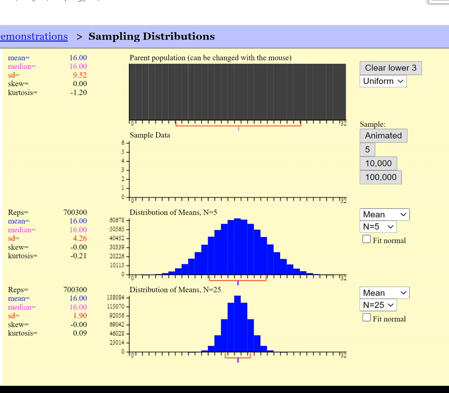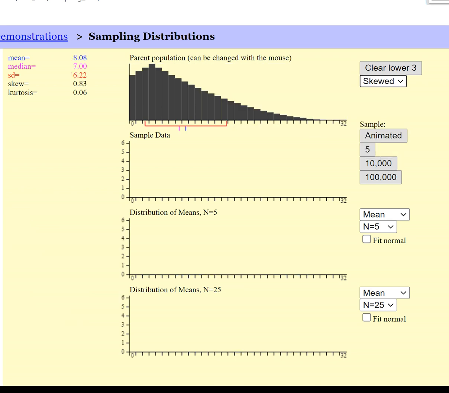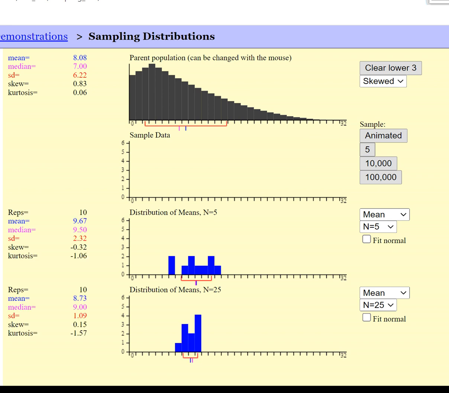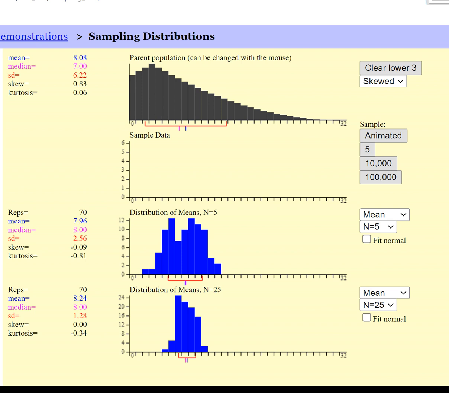But that's because our parent population is nice and symmetric and uniform, so we're getting something that looks normally distributed for n equals 5. That's not necessarily going to be the case, because let's have a look at this skewed distribution. If I start taking samples out of this, we can start to see that the n equals 25 is looking normally distributed.